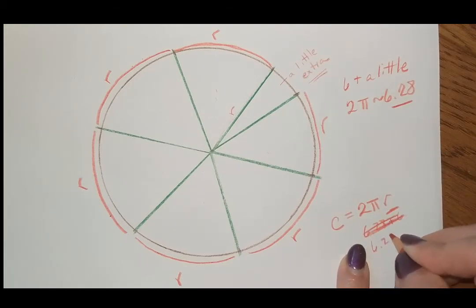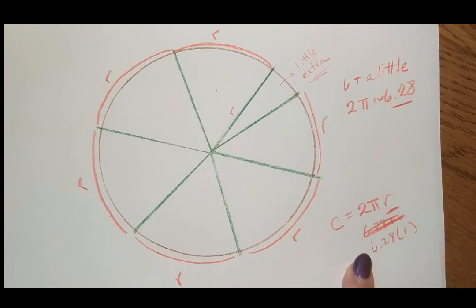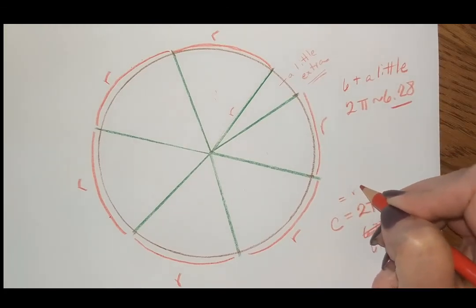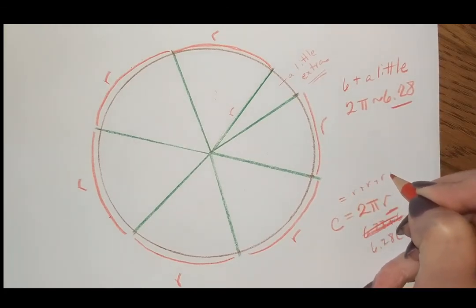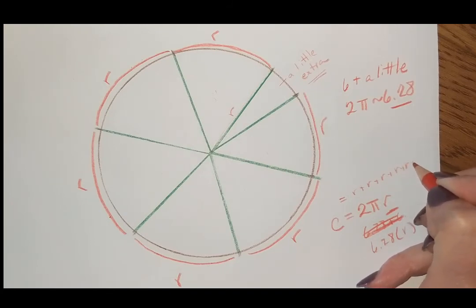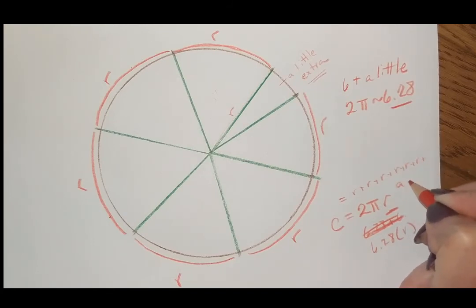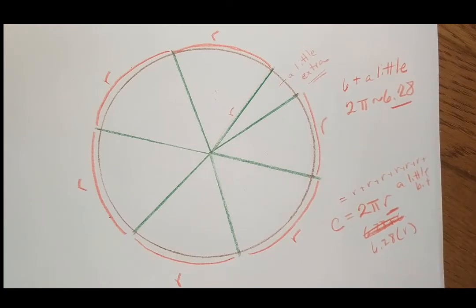It's a natural relationship. It's not something that I have to figure out. For every single circle, the circumference is related to the radius with this relationship. Okay.